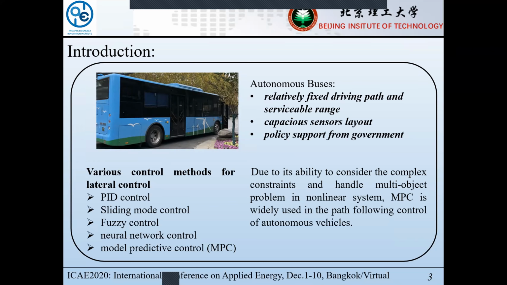With the development of intelligent methods, various methods such as PID control, sliding mode control, fuzzy control, and model predictive control have been developed. MPC is widely used in the path following control of autonomous buses due to its ability to consider complex constraints and handle multi-objective problems in nonlinear systems.